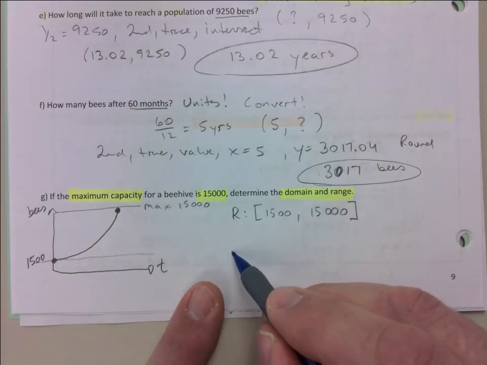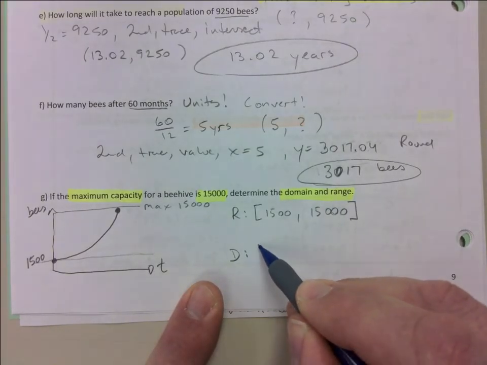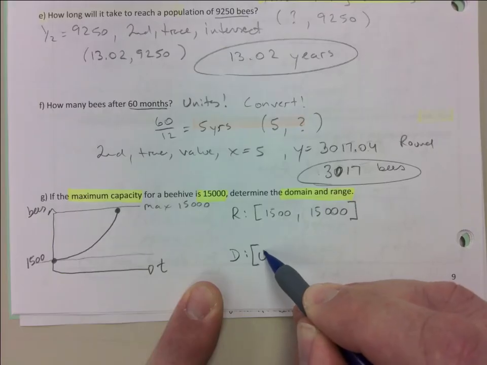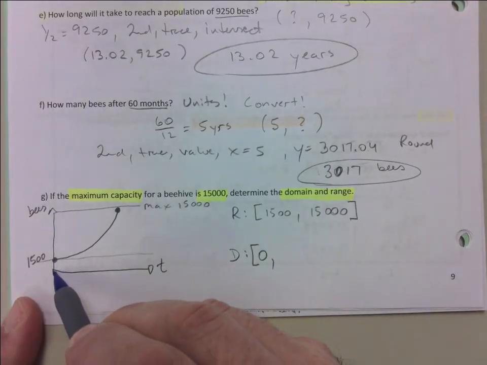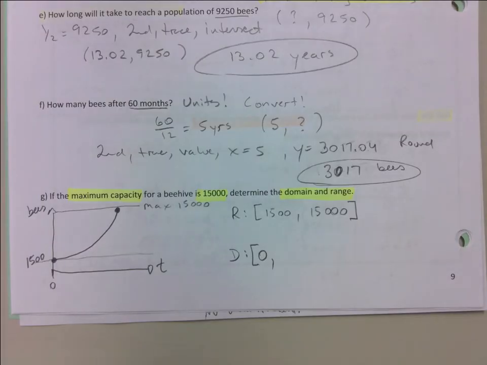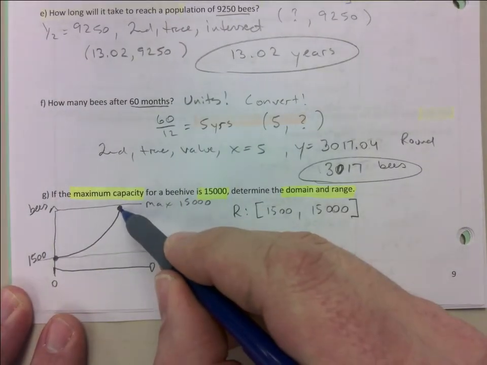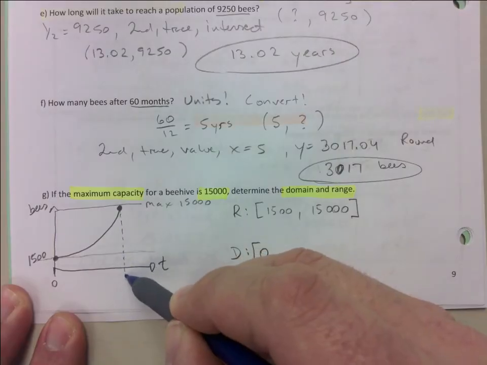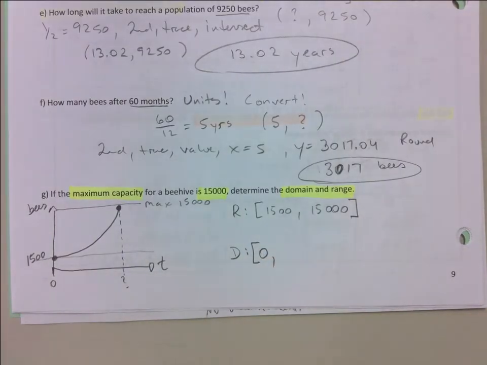But what about the domain? Time 0, right? I start at the very beginning when I keep tracking the bees. But I need to know when do I stop? When is the time no longer counting because I reached the maximum?